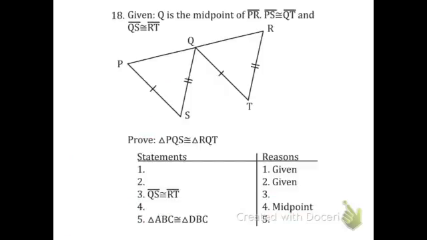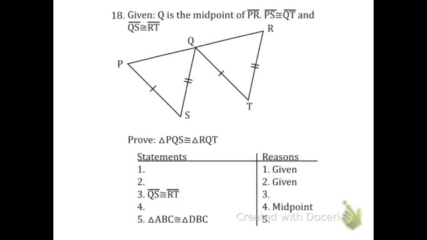And moving on to 18 here. Our last one on this assignment. This last little bit turned out to be quite a lot longer. Q is the midpoint of PR, and so we know those two are going to be congruent. And we're going to write that right here, right now.